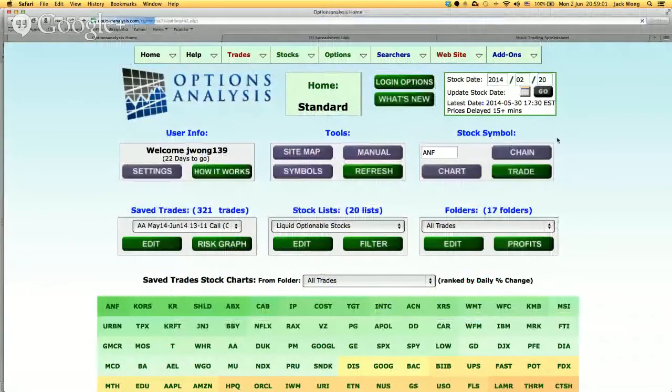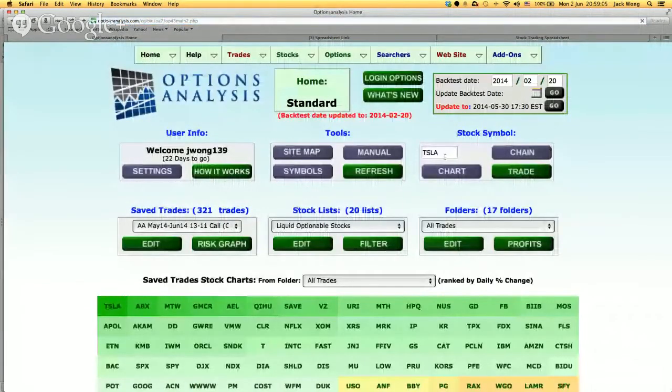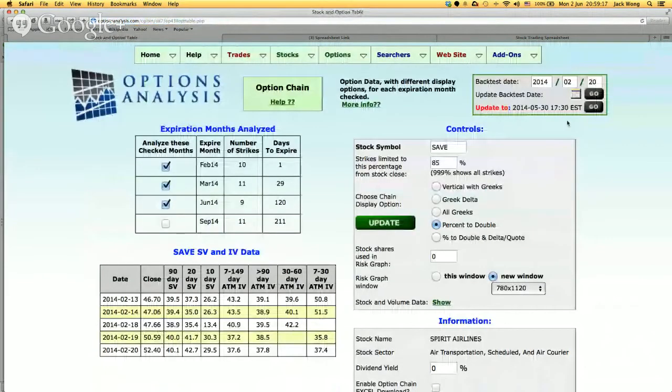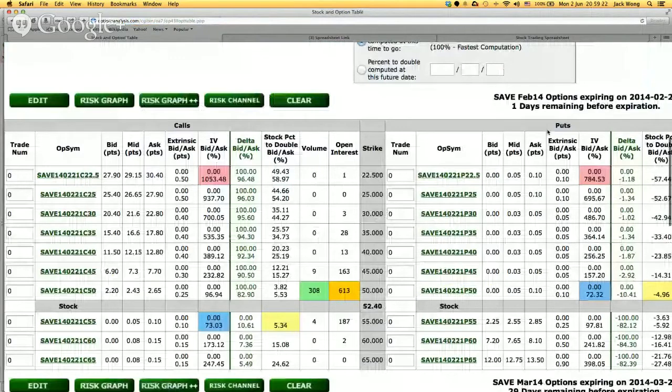Okay, so I decided to do this, which will give you a faster play. And I have tested the platform using Safari. Surprisingly, Safari works better for options analysis, whereas Google Chrome give me some problem. So on 220, I'll call it 220. The Feb option has only 1 day left, so obviously it's not our choice.